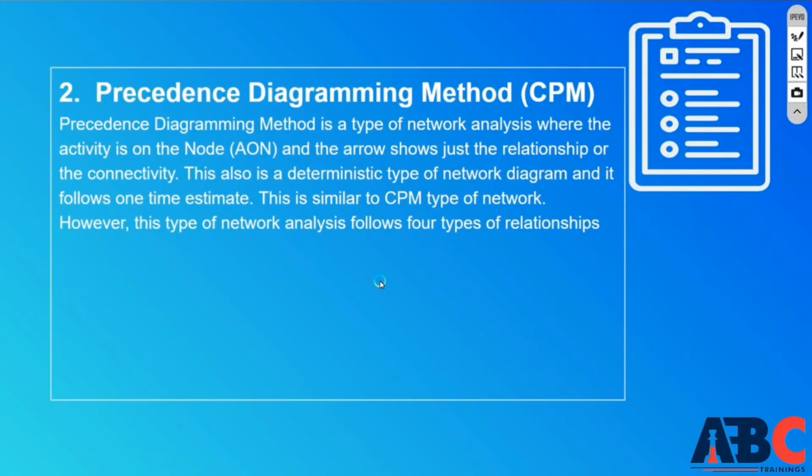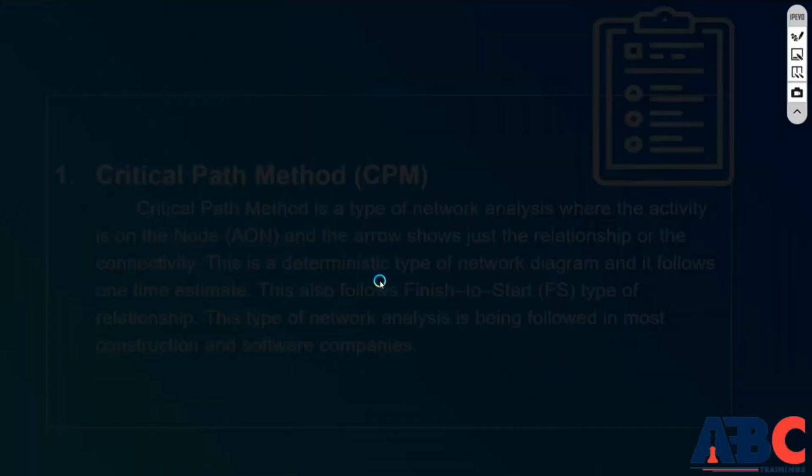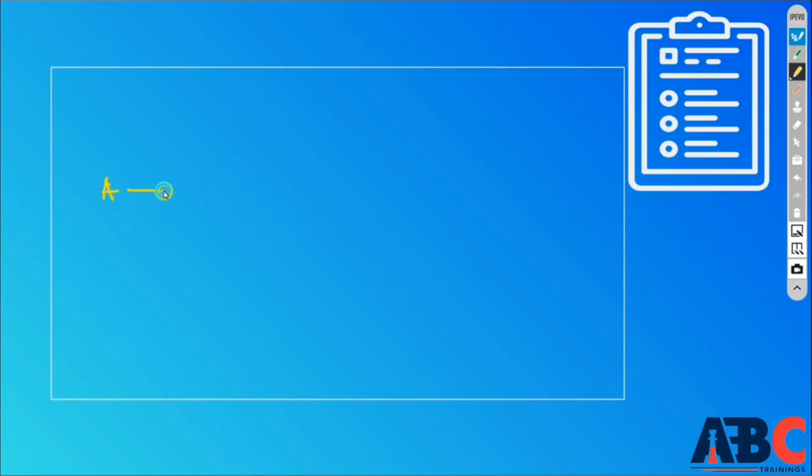Whenever we talk about CPM, suppose I have to prepare the network diagram for CPM. How do we create a network diagram, and what are the critical tasks in it? Suppose I have an activity A which is 5 days. Okay, its duration is 5 days.